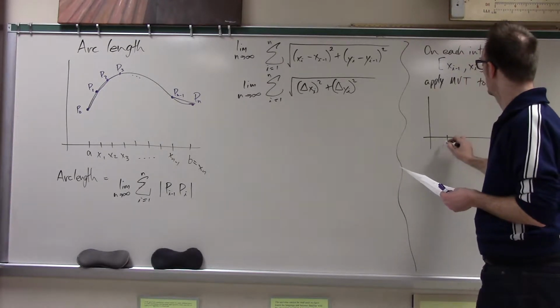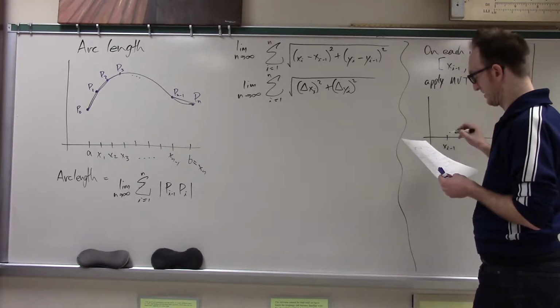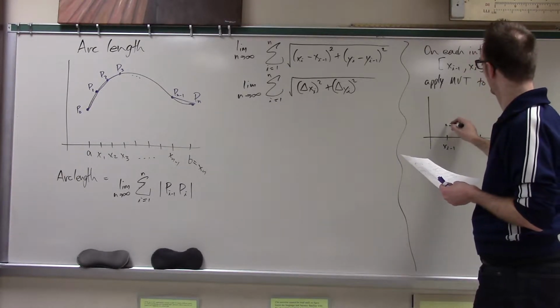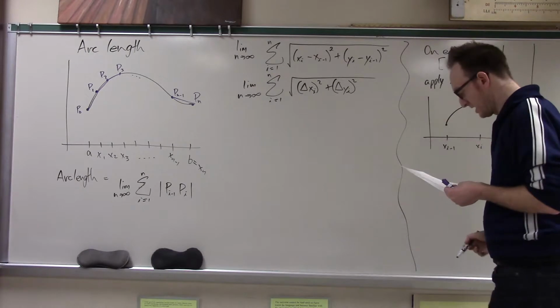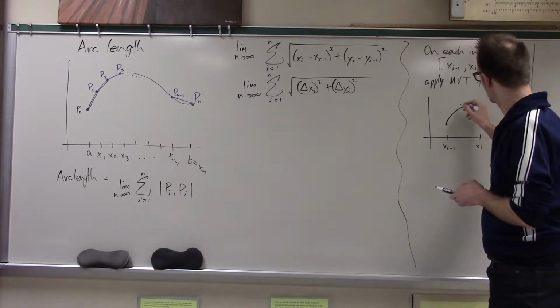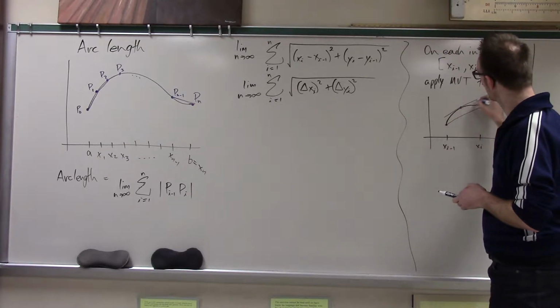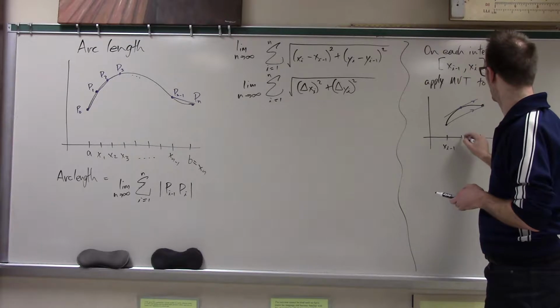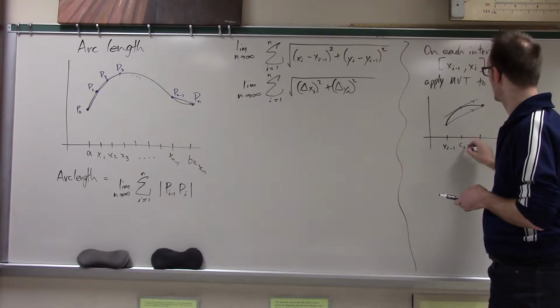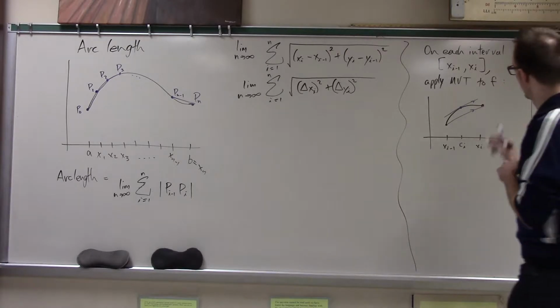Here's f, here's x sub i minus 1, this is just a single subinterval, and the function looks something like that. There exists a point where the slope of the tangent line equals the slope of the secant line, or if you prefer, a point c sub i representative of the f function on this interval.